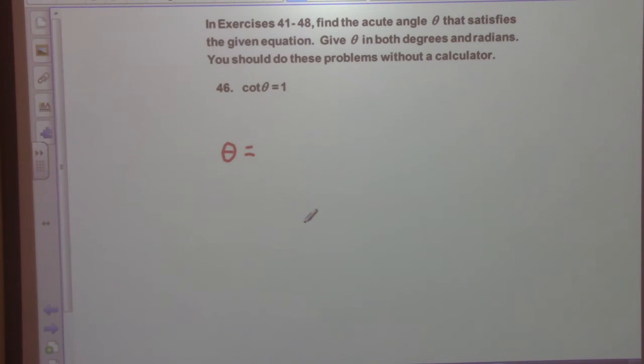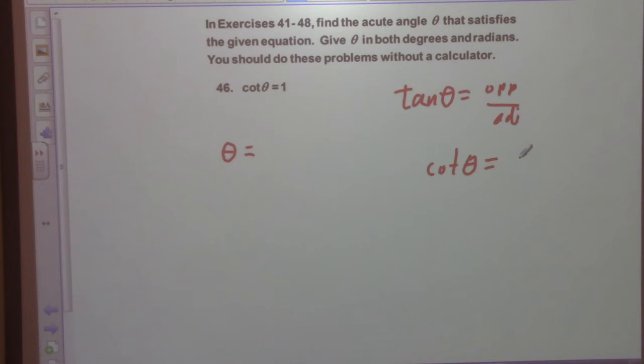Good. All right, guys, what you're looking for is now tangent theta is opposite over adjacent, right? And so what is cotangent equal to?